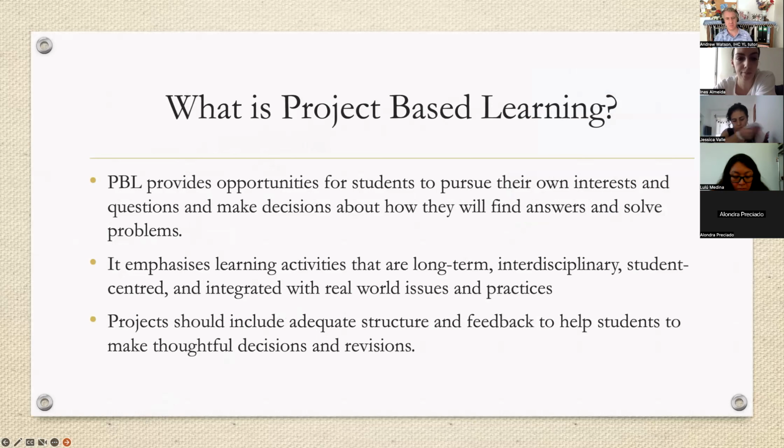So what is it? Well, it provides opportunities for students to pursue their own interests and questions and make decisions about how they will find answers and solve problems. It emphasizes learning activities that are long-term, interdisciplinary, student-centered and integrated with real-world issues and practices. Projects should include adequate structure and feedback to help students to make thoughtful decisions and revisions.